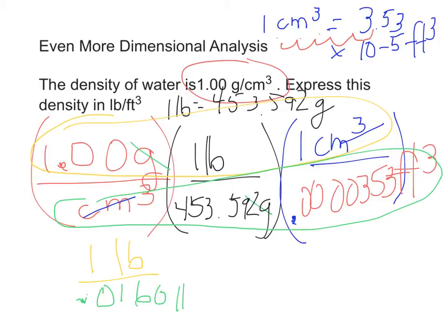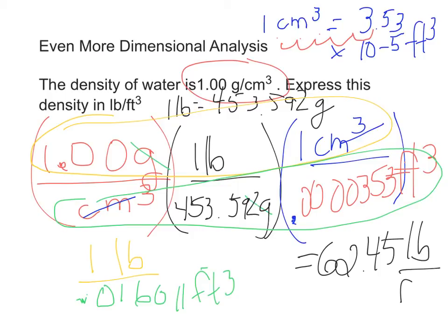Now we simply just do the math. 1 divided by 0.016011 equals, oh, and I should have mentioned that those are feet cubed. And so what does this equal? It equals 62.45, and those are going to be pounds per feet cubed.